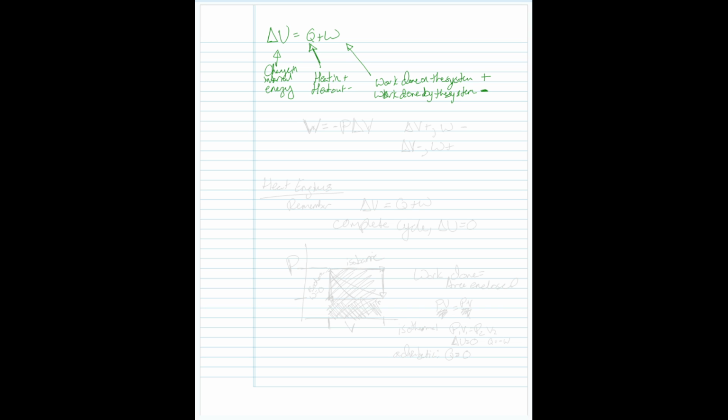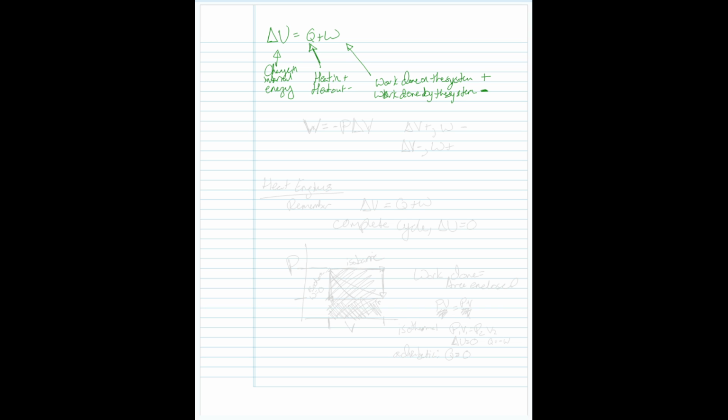So if I have a piston and I compress it, I am applying a force to change its volume. I am doing work on that piston. It would be a positive work. However, if that piston is expanding by itself, pushing something up, that would be the system doing work on the environment, and it would be negative.